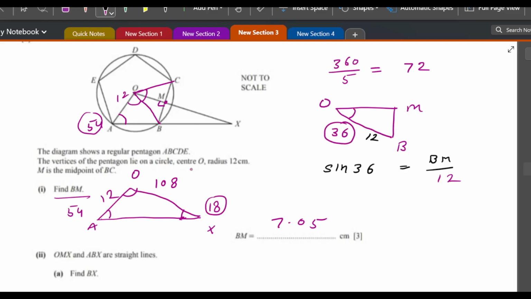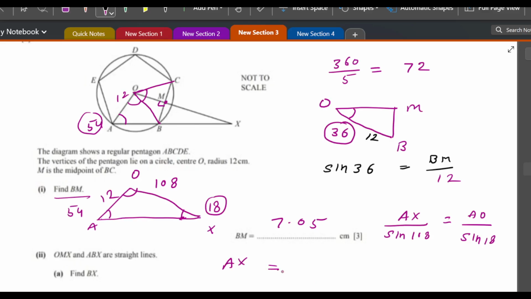Sine rule will give me AX. So by sine rule, I will say that AX divided by sine of 108 will be equal to AO upon sine 18. So from here, I will find out AX.